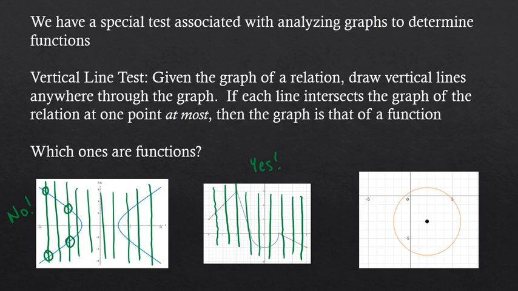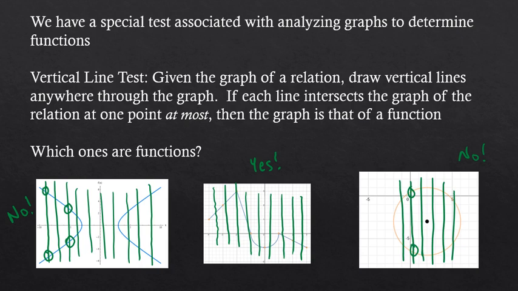Once you think you have it, press play and let's see if you are correct. All right, so hopefully you found that the answer was no. That is not the graph of a function. For several vertical lines, each line is intersecting this yellow to orange curve here in more than one point.